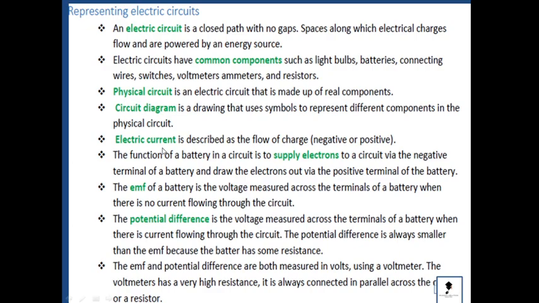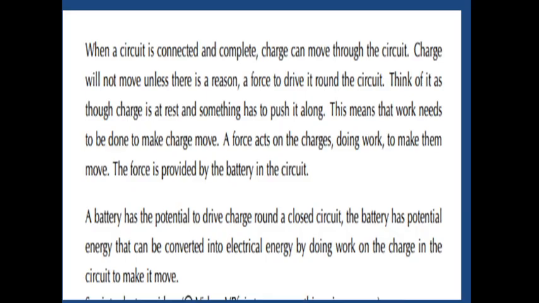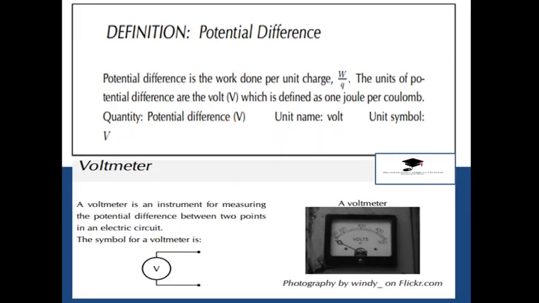The first basic definition that we need to know is what we call potential difference. What is potential difference? When we say potential difference in an electric circuit, what does it mean? Now remember, whilst I was explaining, let's think about a charge as it is at rest. Our circuit is complete, the switch is not open.